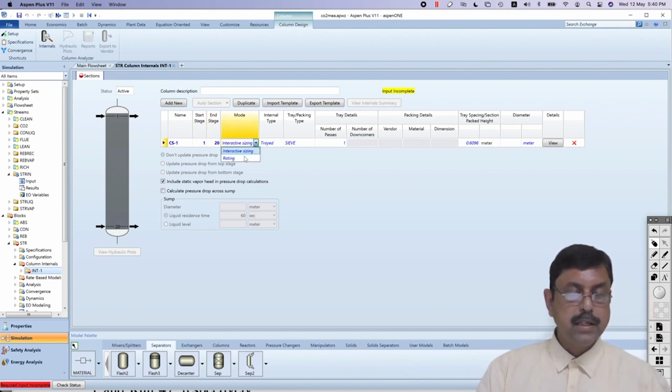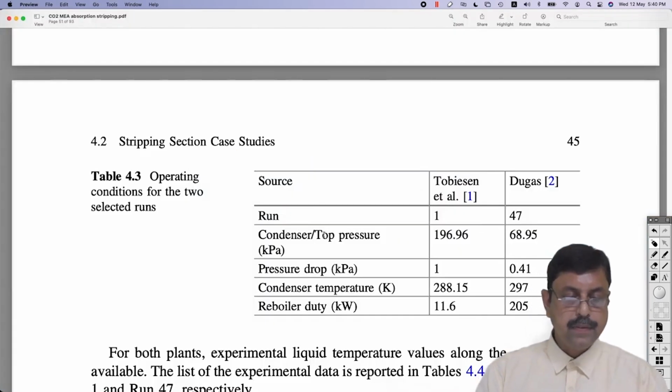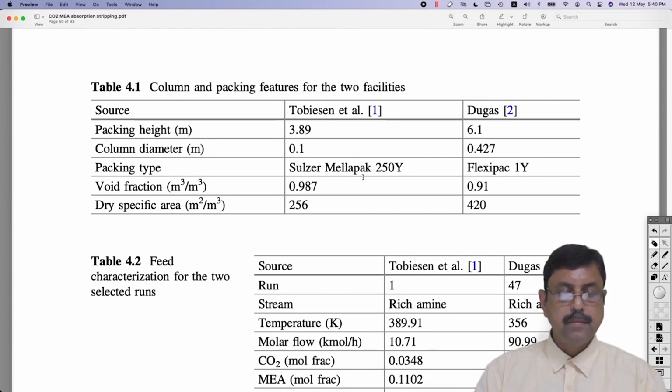Its mode of calculation, again, is rating, and type is packed. Packing type, I think it is different. Yeah, it is Melapack 250Y Sulzer.